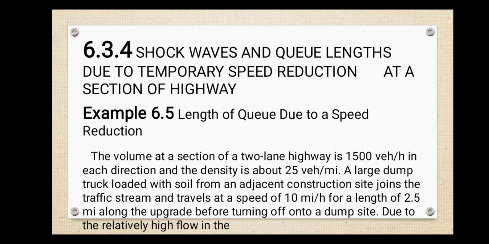The volume at a section of a two-lane highway is 1,500 vehicles per hour in each direction, and the density is about 25 vehicles per mile. A large dump truck loaded with soil from an adjacent construction site joins the traffic stream and travels at a speed of 10 miles per hour for a length of 2.5 miles along the upgrade before turning off onto a dump site.